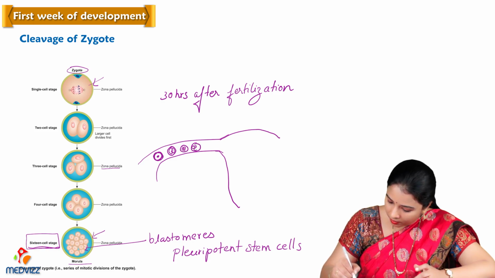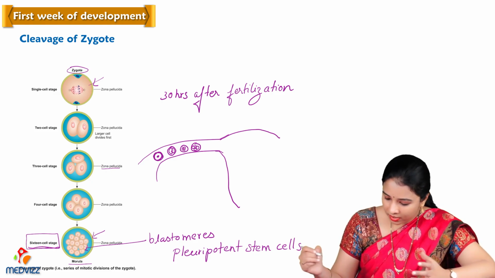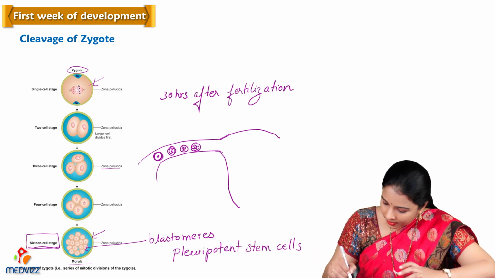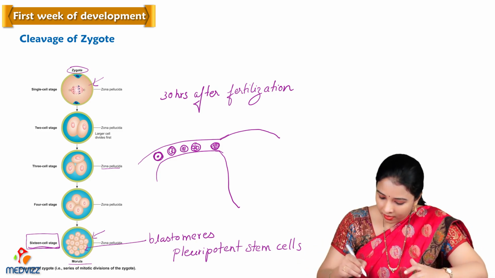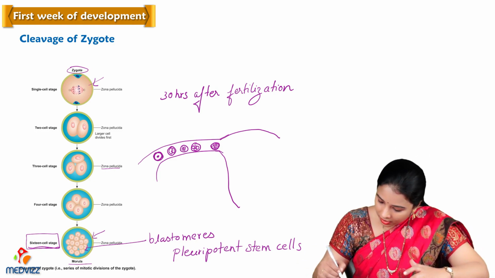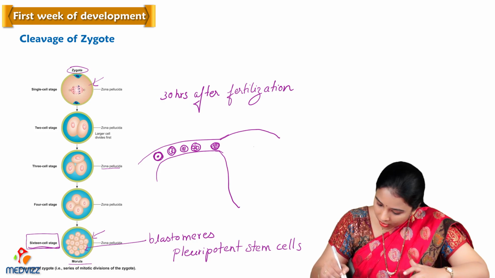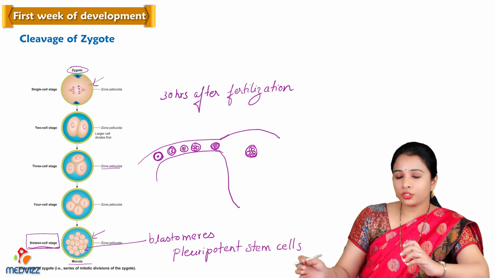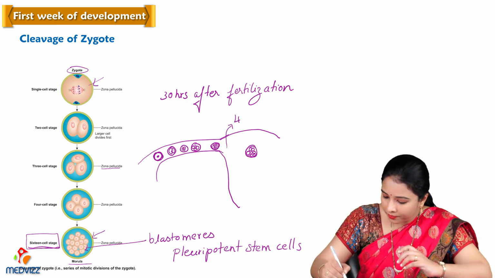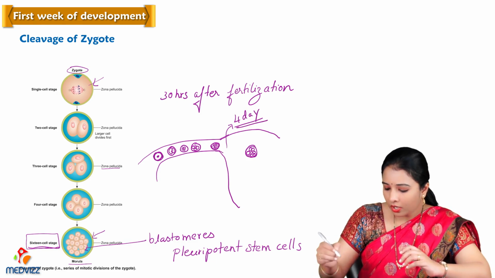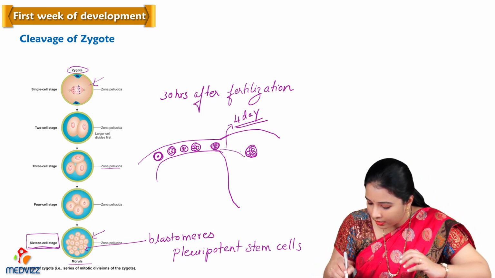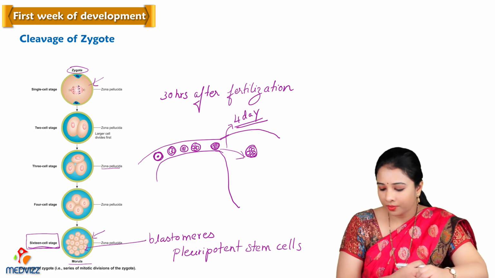Finally, when they reach the 16-celled stage, it reaches near the entrance into the uterine cavity, and the 32-celled late-stage morula enters the uterine cavity around the 3rd to 4th day.